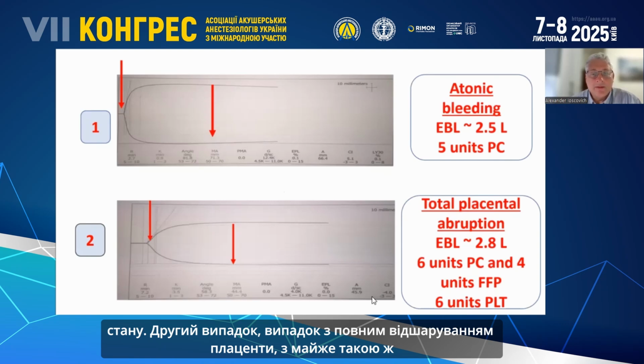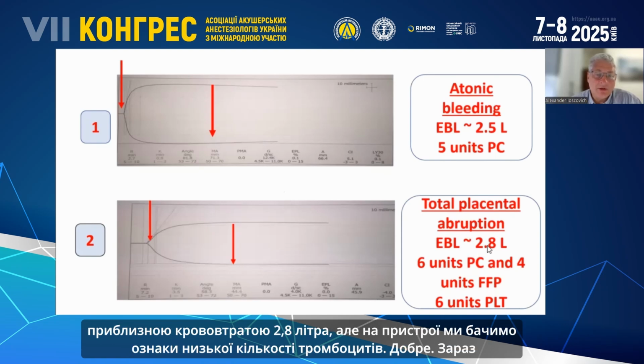The second case, the case with total placental abruption, had almost the same estimated blood loss, 2.8 liters. But on the TEG, we see signs of low platelet number, okay?